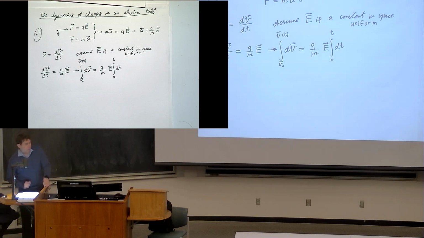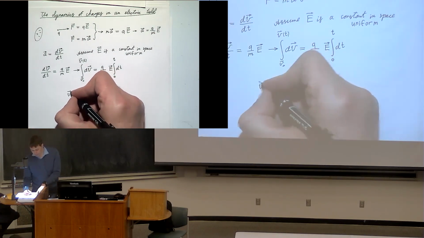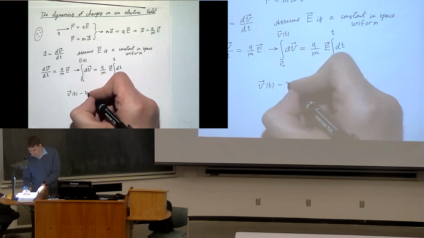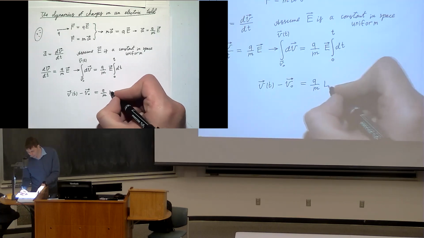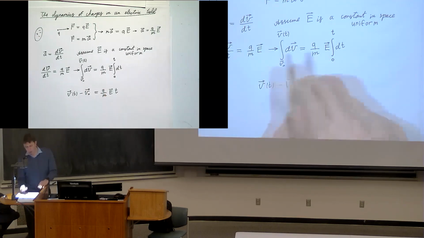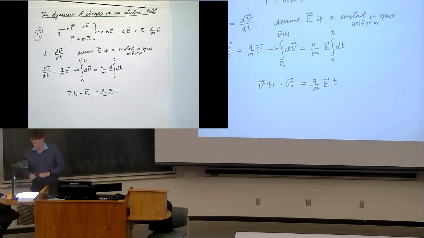And if it is a constant, then we can take this integral, and what we get is v of t minus v naught equals q over m times E times t. So in a uniform electric field, the particle gets accelerated with its velocity changing linearly in time.